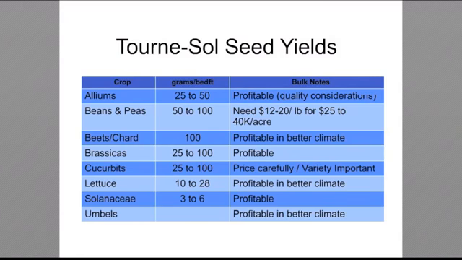Cucurbits are another crop where we need to get a good enough price to make it profitable. However, some of the really common varieties are easily available for low prices, so if you can't get a good price for it, it's not worth it on a bulk level.